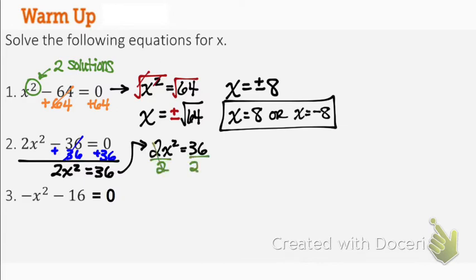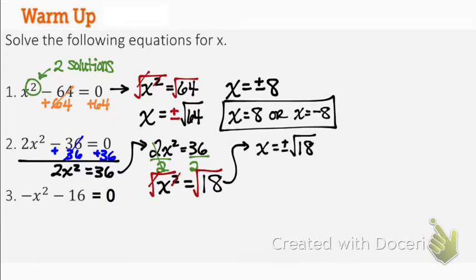What is 36 divided by 2? 18. Square root it. Squared and square root cancel each other out. We get how many answers? 2. So x equals plus or minus the square root of 18.